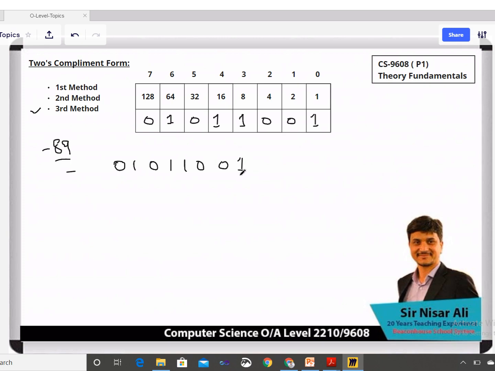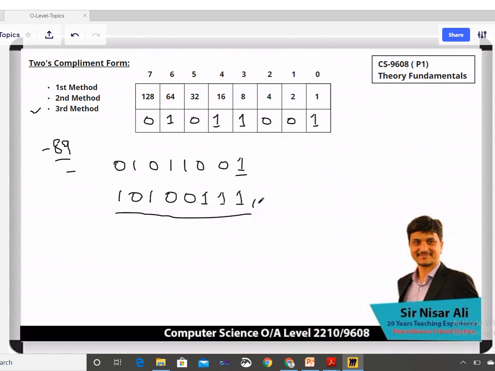So here this is the first 1. You will leave this 1, and after it, all the remaining bits will be inverted. So it will become 1 0 1 0 0 1 1 1.